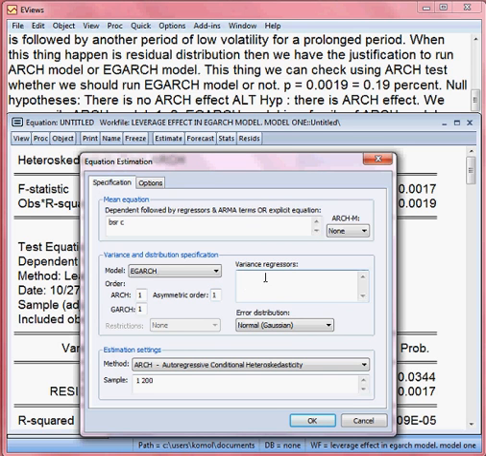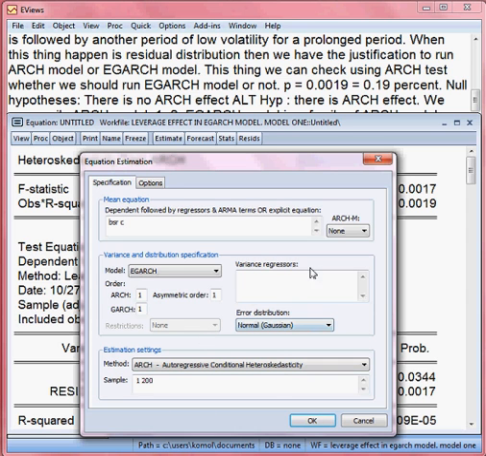And here suppose there is no variance variable, so I keep it blank. And here I choose, suppose, normal distribution. Because there are so many distributions, normal, student's t, but I choose only the normal distribution to check.